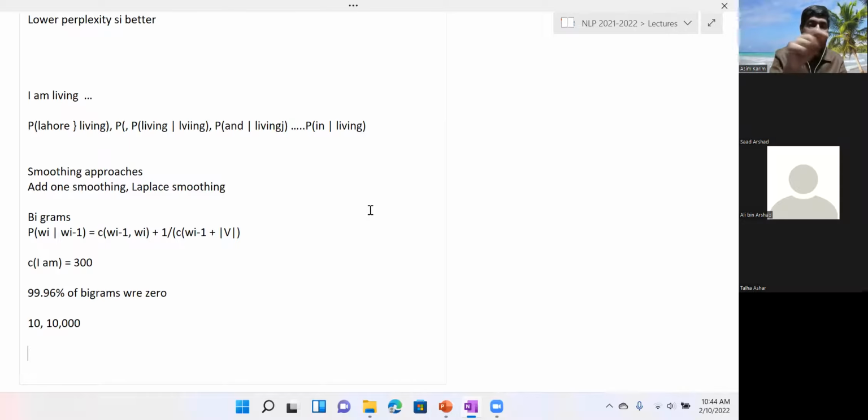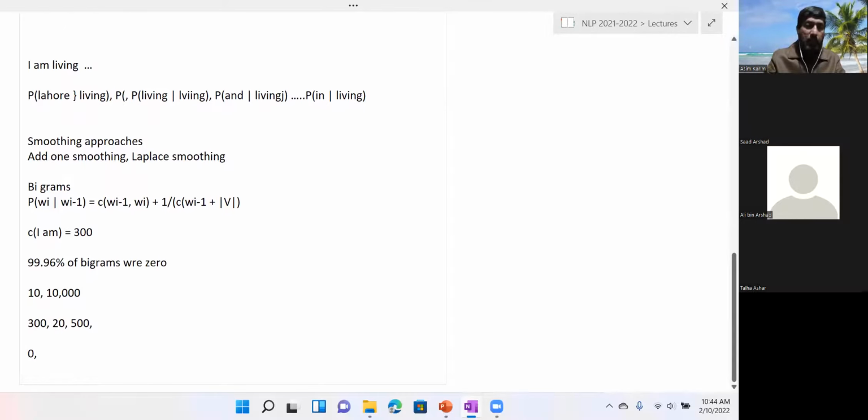So those 10 whose observed counts exist change drastically. Do you get this point? Let's say one had a count of 300, another had a count of 20, another had a count of 500. This is the pool from which you have given 1 to everyone. You have to give 10,000 away. So giving 10,000 away means that maybe something goes to zero, or we won't do that, we'll make it 1, some become very small, 2, some become 5. So those numbers have been drastically changed.